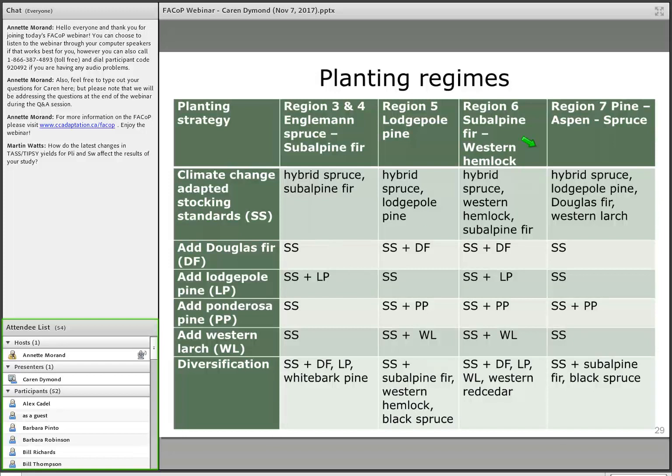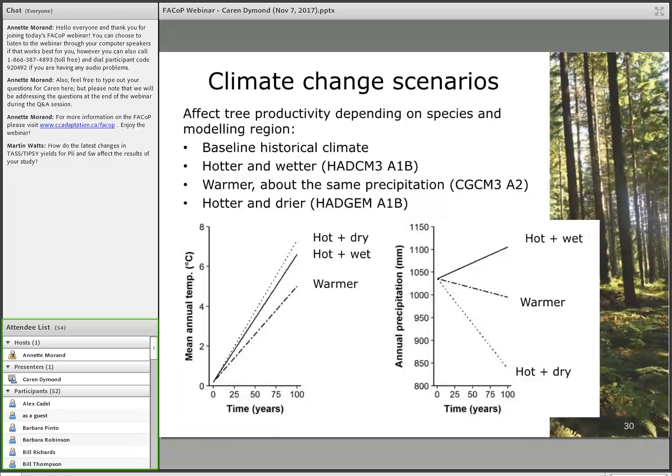Region 6 is fir and hemlock. The diversification regime added Douglas fir, lodgepole pine, western larch, and western red cedar, because it can potentially grow in that climate envelope. Okay, I'm not going to spend any more time on this, but we have it all written up if you're interested in the gory details.